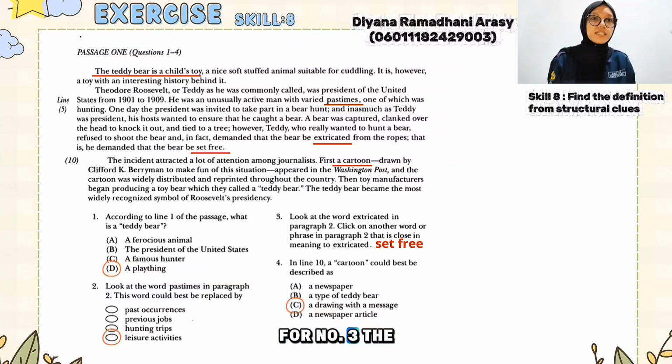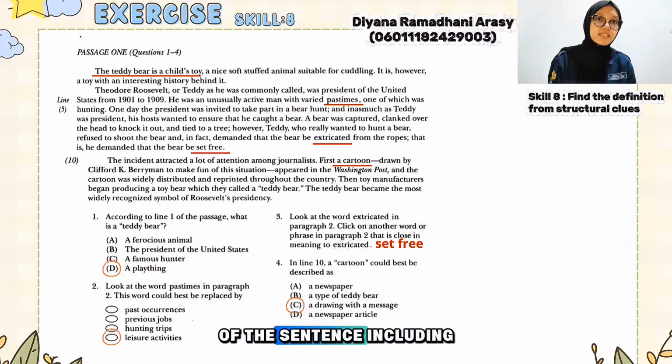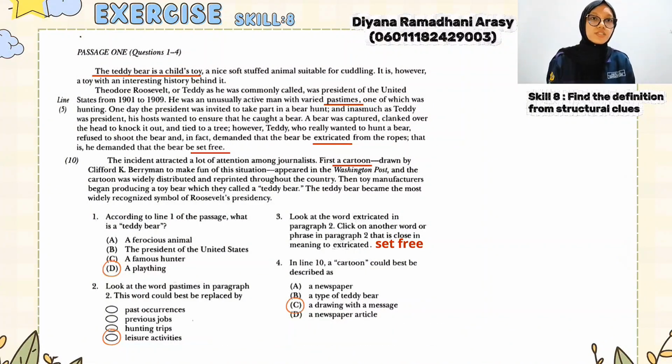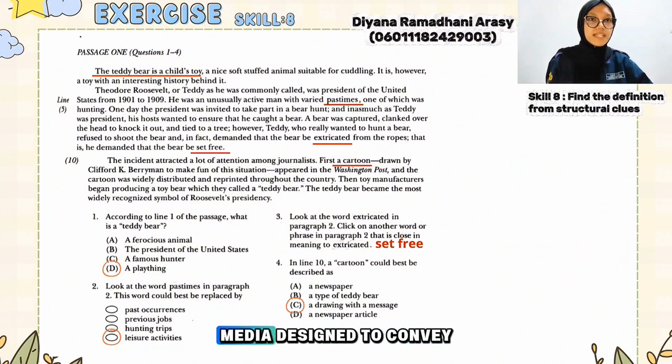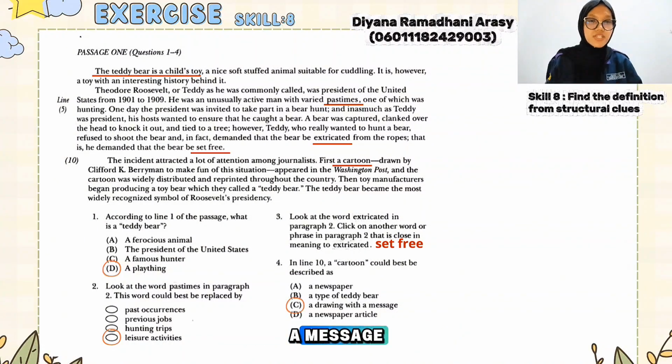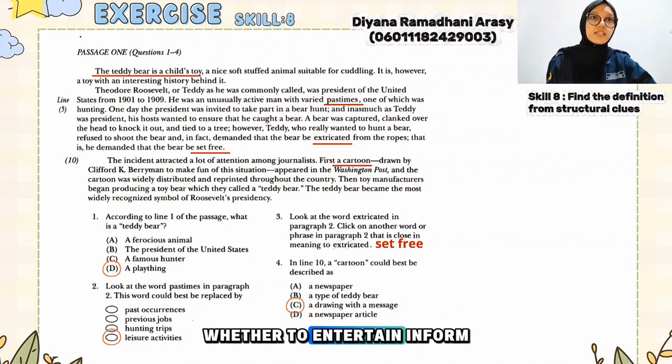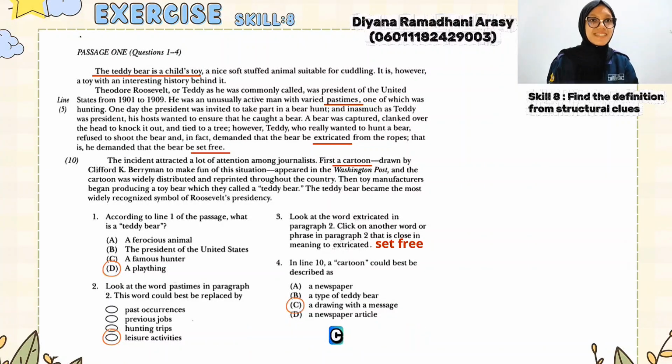For number 3, the answer is set free. Why? At the end of the second paragraph, they explain the meaning of the sentence including the word extricated, so the answer is set free. And for number 4, the answer is C. Why? As you know, a cartoon is a form of media designed to convey a message, whether to entertain, inform, educate, or critique. So the best answer is C.